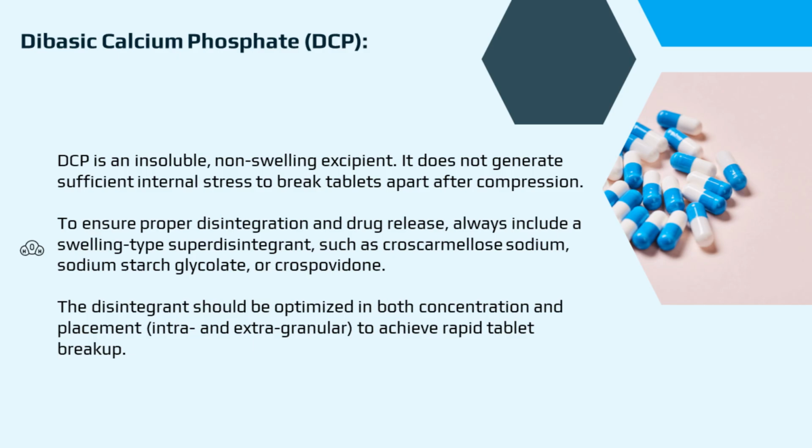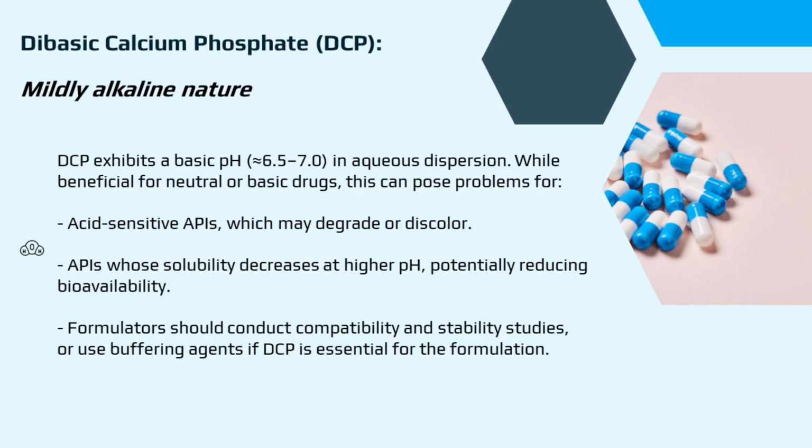for performance. Dibasic calcium phosphate exhibits a mildly alkaline pH, typically around 6.5 to 7 in aqueous dispersion. While this can be advantageous for neutral or basic drug substances, it may pose challenges for acid-sensitive active ingredients, which could undergo degradation or discoloration under basic conditions.